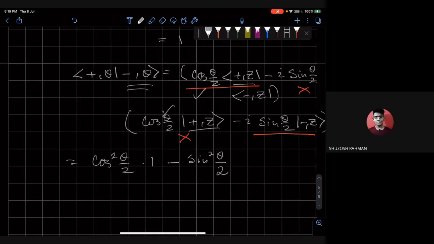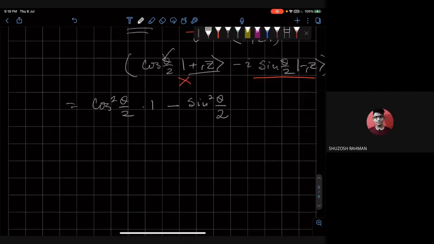What did I do wrong? Just 1 second. So there's a plus I in the plus of theta. Oh no, there is, but that becomes a minus sign, right? So yeah. This is okay.